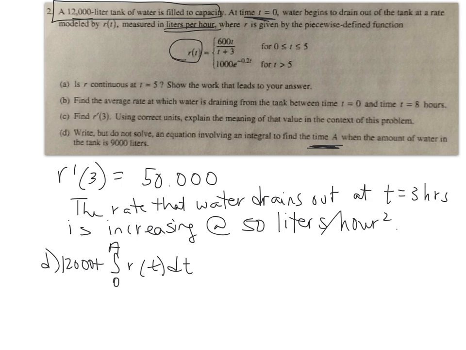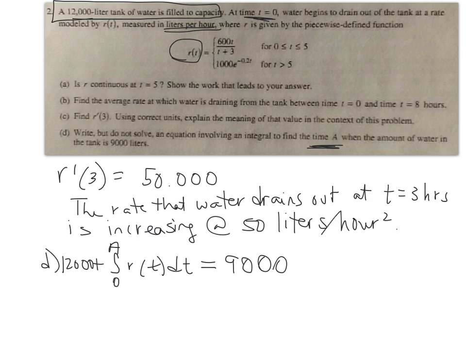So this asks us to write but not solve an equation. So an equation must have an equals involving the integral, which we have, to find the time a when the amount of water in the tank is equal to 900 liters. So we need to put in equals 900 to finish out this equation. So for this part D, you get 1 point for your integral.